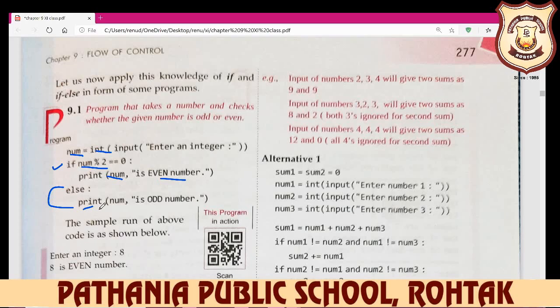So here write print, then first display the number, and after that display odd number. Why? Because when we divide any number by 2 and we find any remainder like 1, 3, anything, almost we find 1 only. And if our value is divided completely, then we find 0.